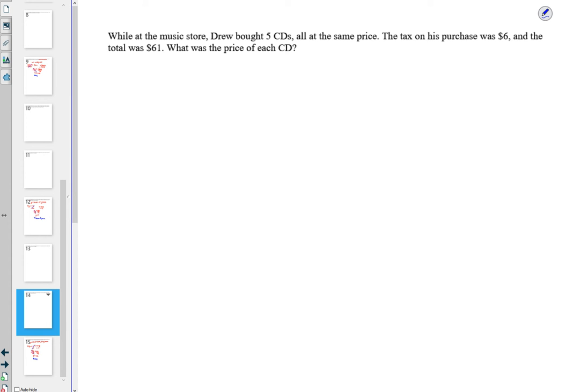What's a CD? Do you know what CD stands for? No. You've never seen a CD before? It's like these compact discs that the cavemen used to use to play music.